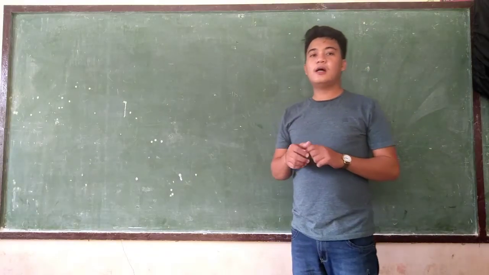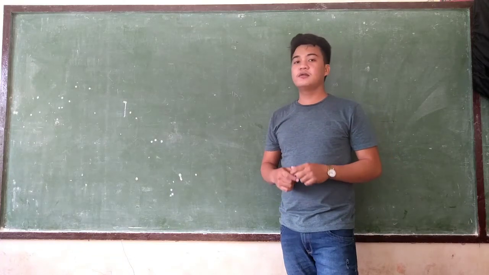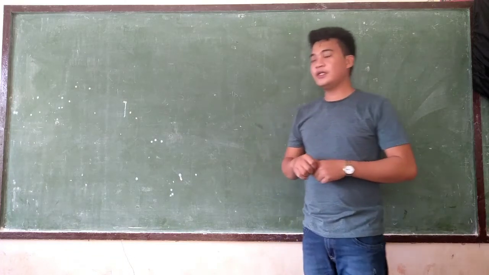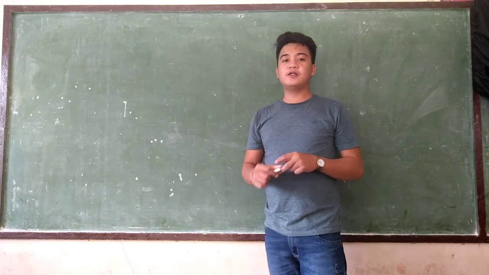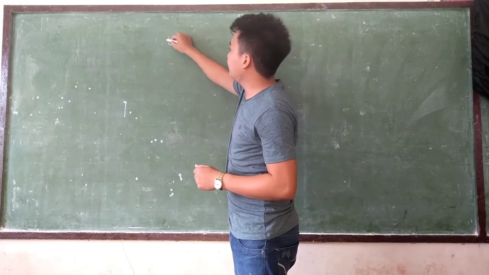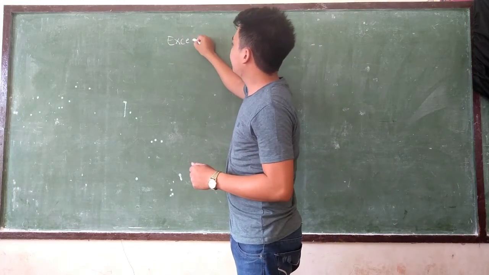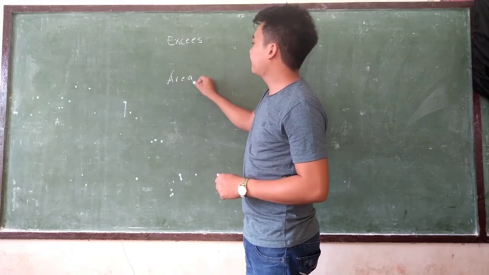Okay. Now I will discuss how to find the area of a spherical triangle. So in finding the area of a spherical triangle, we must familiarize the two formulas. These are the excess formula and the area formula.